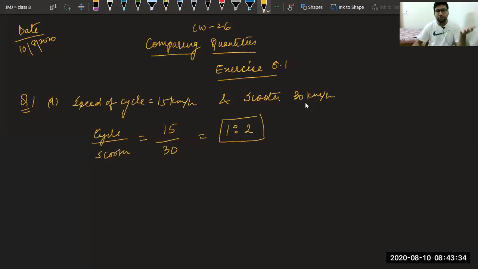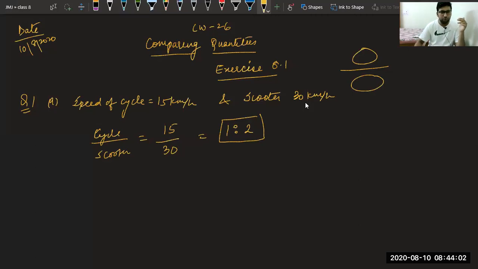If the question was reversed and they had asked find the ratio of scooter speed to cycle speed, at that time it would have been 2:1. You have to understand what will come in numerator and what will come in denominator in the ratio.